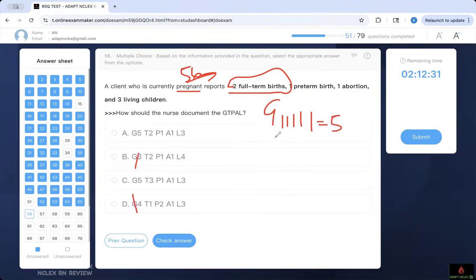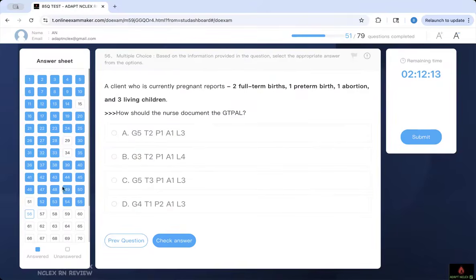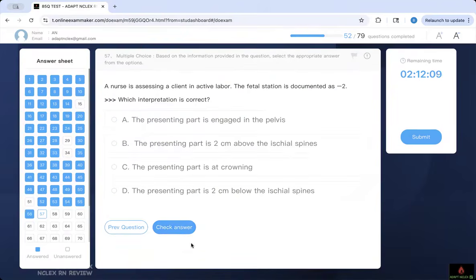I have 2 term babies. So G2 is wrong. Therefore, this has to be the right answer. But I will check. Preterm, I have 1. Abortion, I have 1. Right? And how many babies living? 3 living. So 1 is the right answer. That is the easy way to answer this kind of question based on terms.